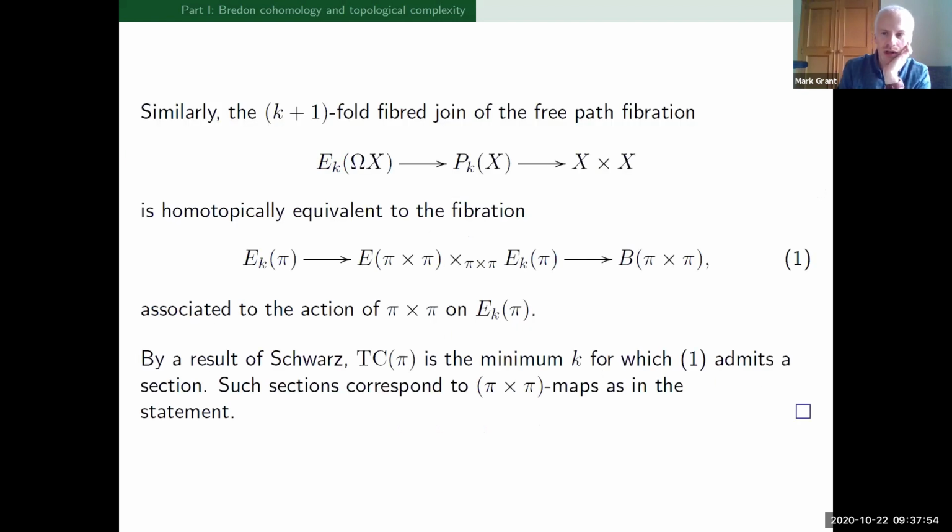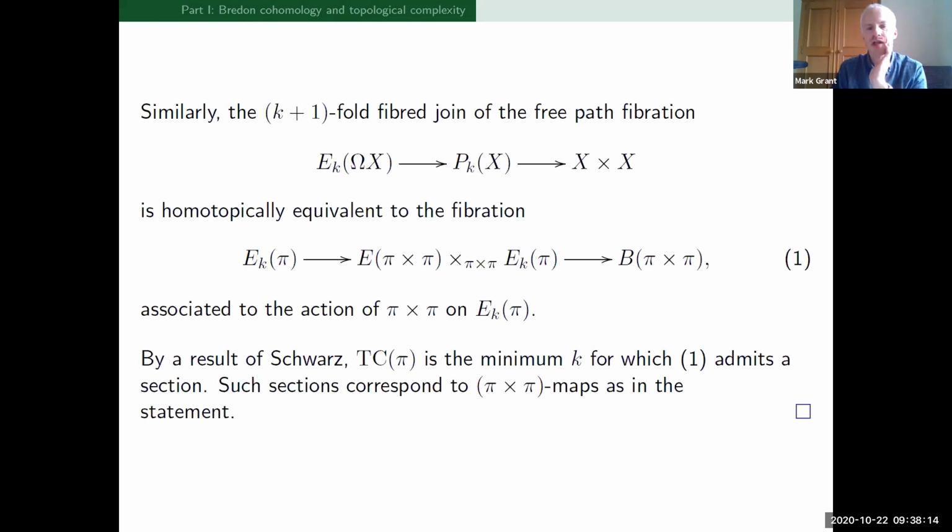And then if you think about it a bit more, you see that the k+1 fold fibered joins of this free path fibration on X is homotopically equivalent to the fibration with fiber the k+1 fold join of copies of pi associated to the action of pi cross pi.